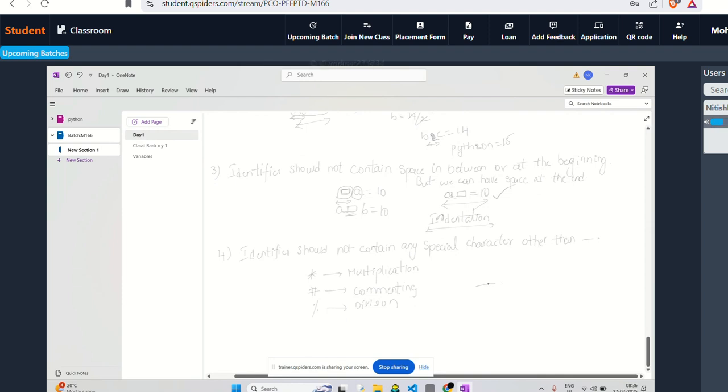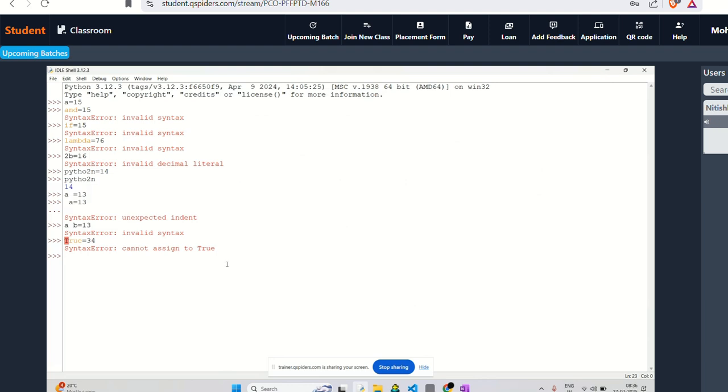We can use underscore alone as a variable, and we can use it with any other characters also, like this. Say I will execute. I'm using star. See, it is giving an error.